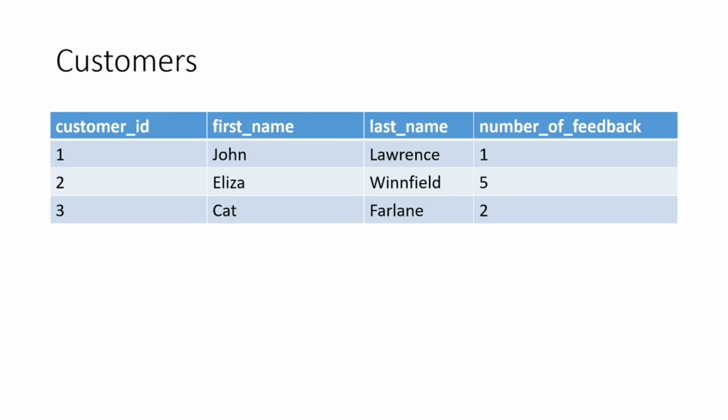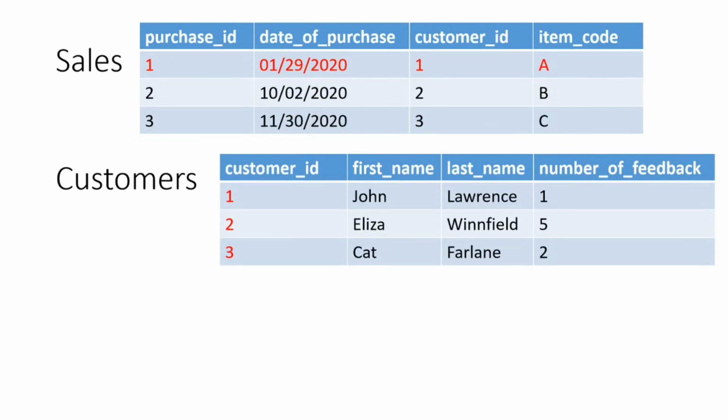There are several fields such as first name, last name, and the number of feedback. So what would the logic of that structure be? Every time we have a customer ID with an ID number in the sales table, we can refer to the customer with ID number 1 in the customers table.